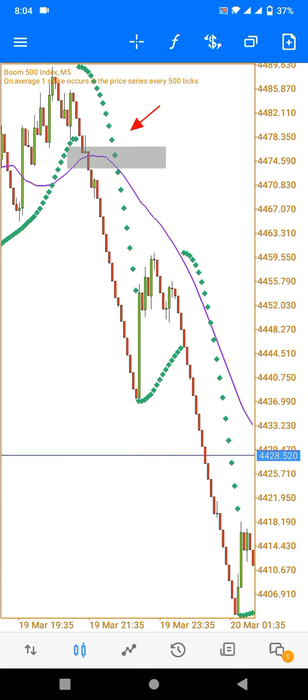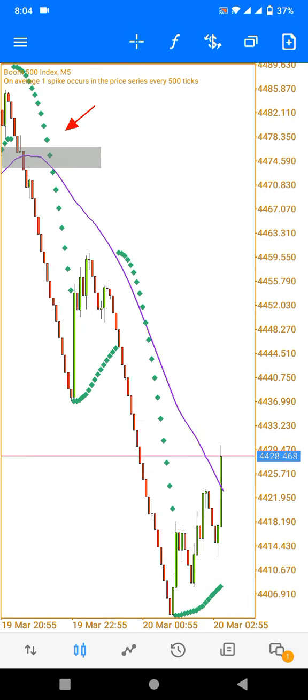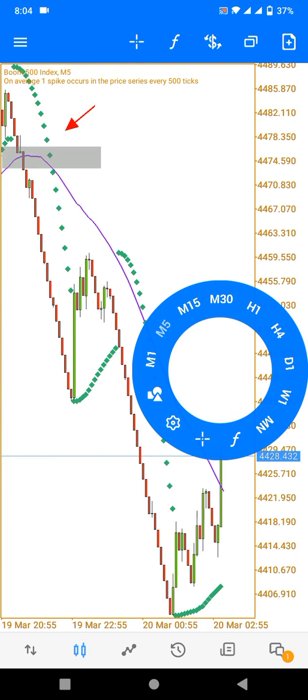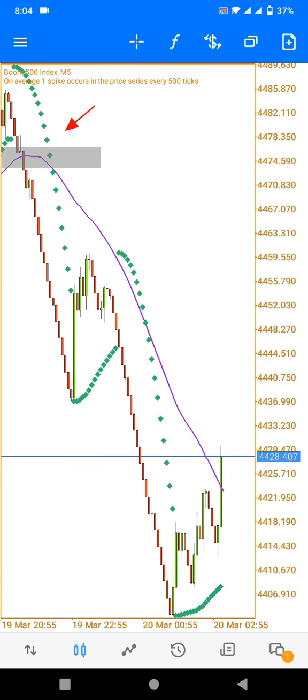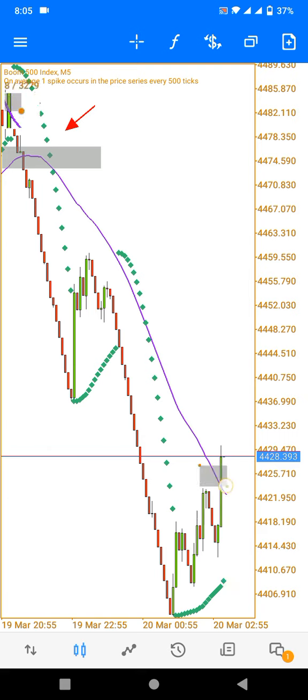So this was a sell signal here, and now the market is going up and showing us here, look here, which is showing that the market is going up.